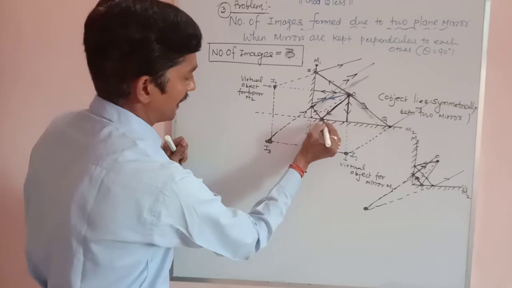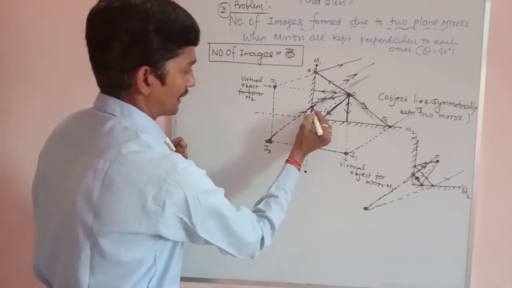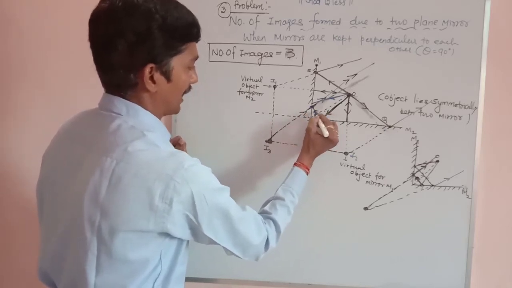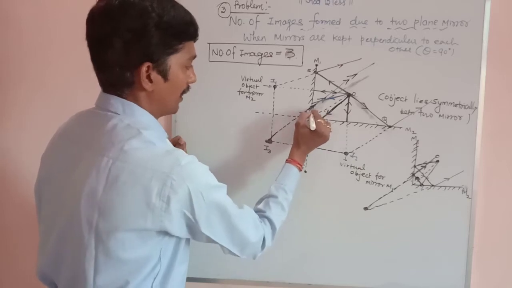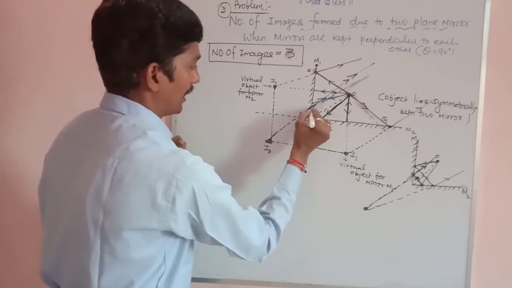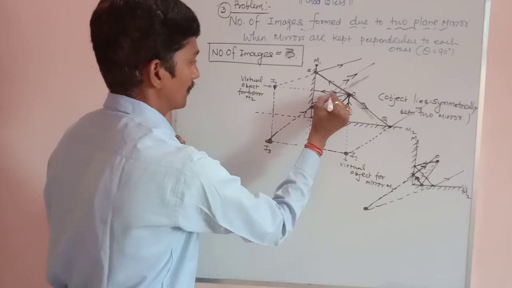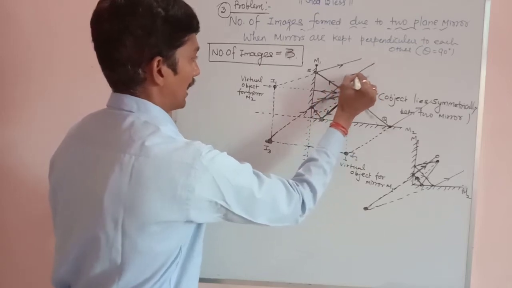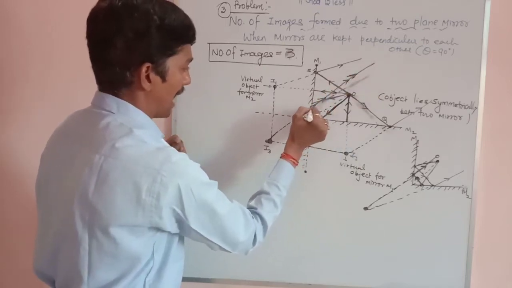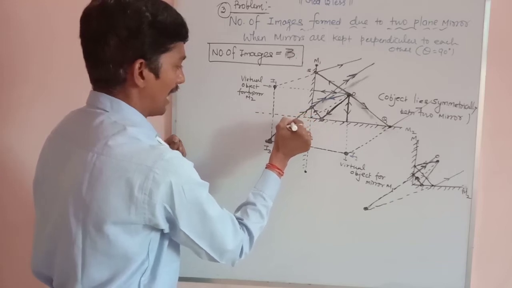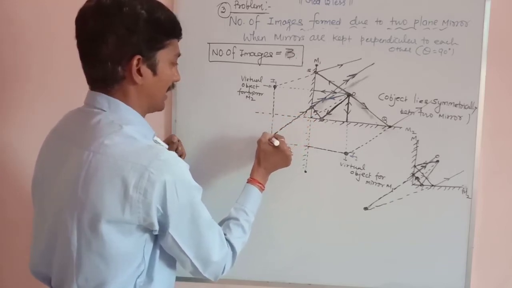So one ray incident at this point, reflected here. I am repeating again and again so that you understand the diagram. It incident here. From here it will be reflected here, like this, which I produce at the back, and I ask to meet at the point I3 like this.